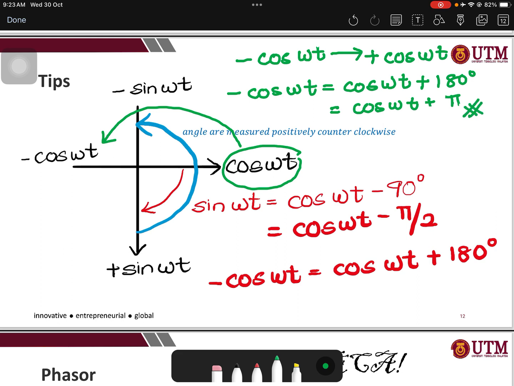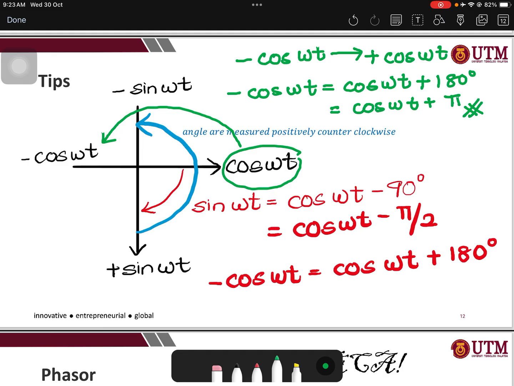Right? Okay, because of the 180. Because remember, this is also positively counterclockwise. Okay, I hope you do understand how to convert the signal. The common one.